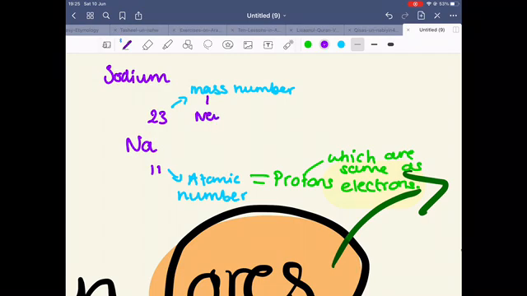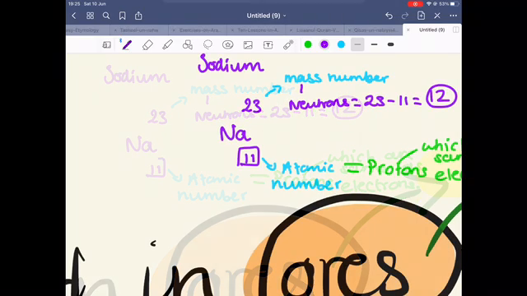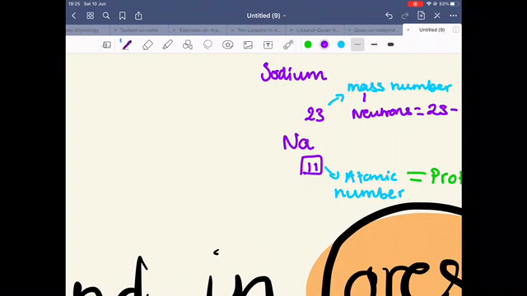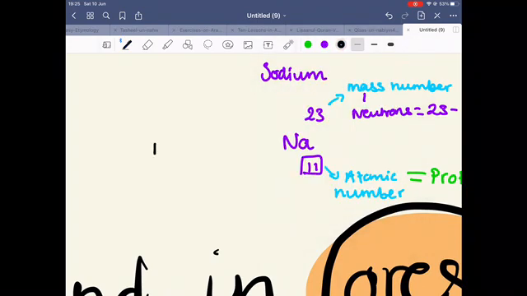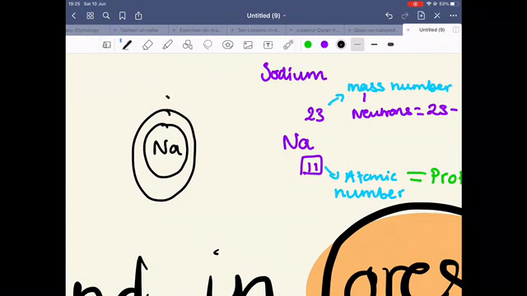So 23 minus 11, which gives you the neutrons of 12. Okay, so you can have a go at doing protons, electrons, and neutrons for any other element by yourself for revision. But let's just move on to drawing the electronic structure.